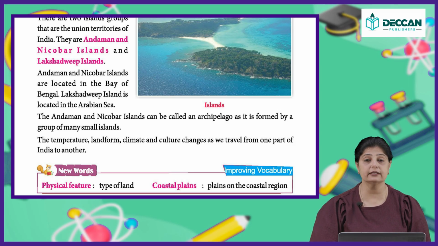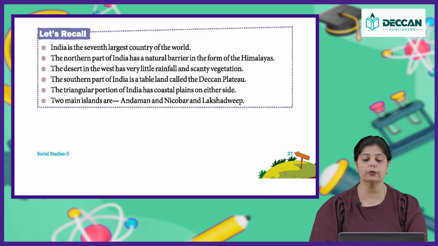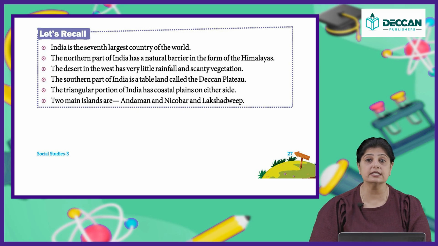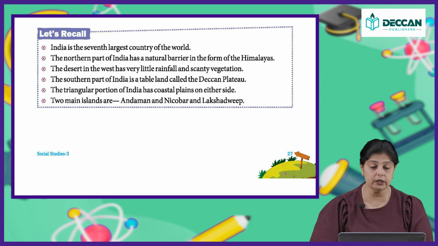All right, now let's look at the new words. Physical features are the type of land, and the coastal plains are the plains on the coastal region. Okay, let's do a quick recall. India is the 7th largest country of the world, and it is the most populated country in the world. The northern part of India has a natural barrier in the form of the Himalayas, and desert lies in the west.